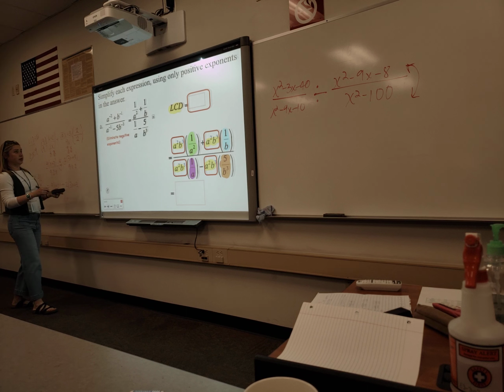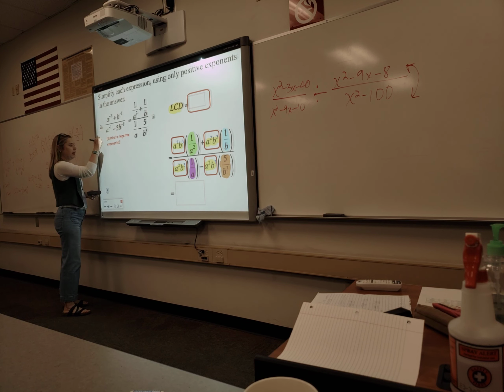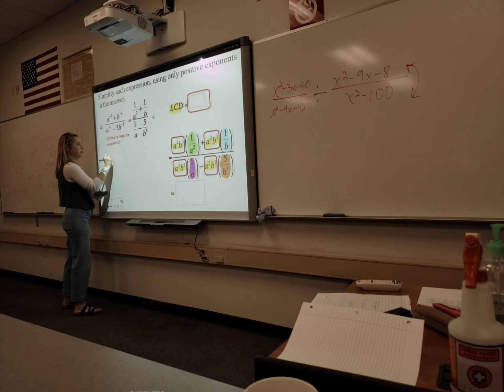Like flipping them. Oh, I understand. Why isn't this equal to a minus 5b third over a squared plus b?